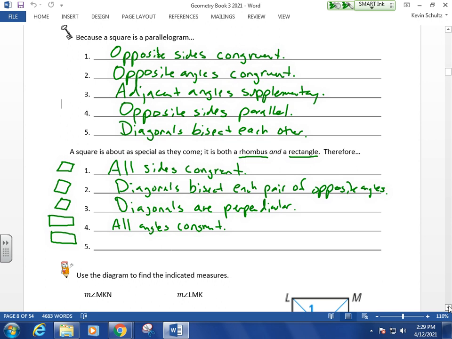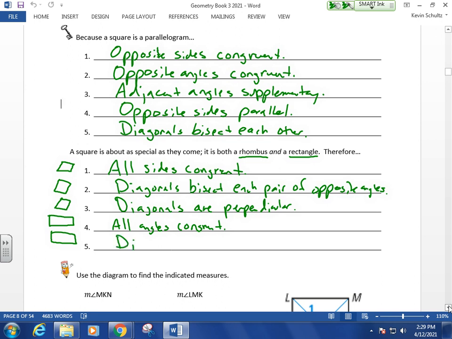Which means that you've got 4 right angles in the middle of a square. You also have 4 right angles on the outside of a square, right in the corners, because it has that feature of a rectangle as well. And what was the other thing about the diagonals of a rectangle that's different from a rhombus, but is also true about a square?